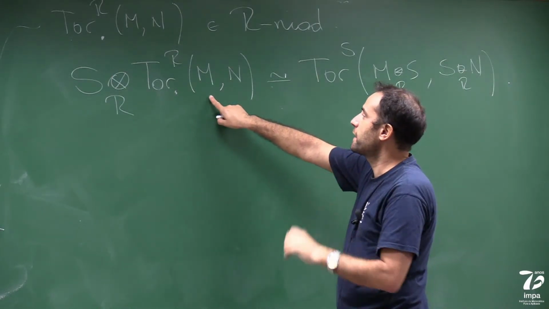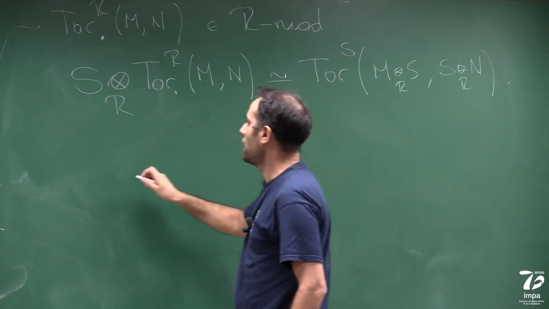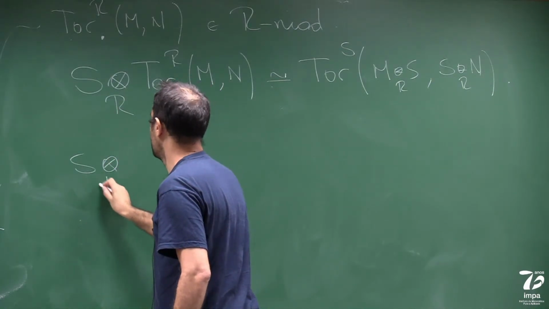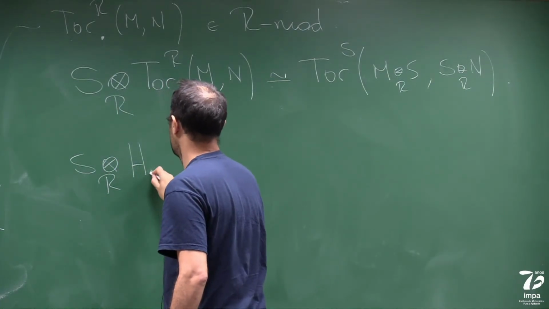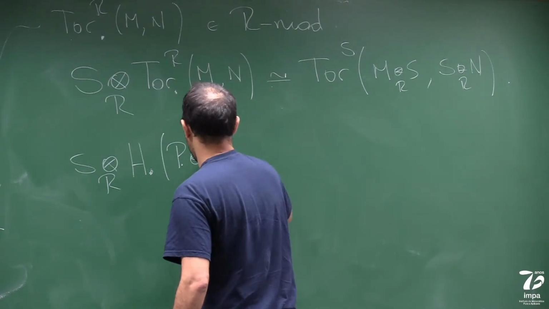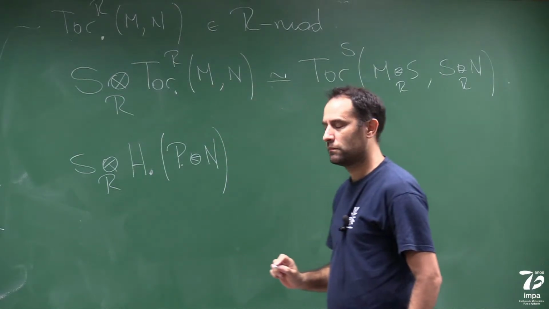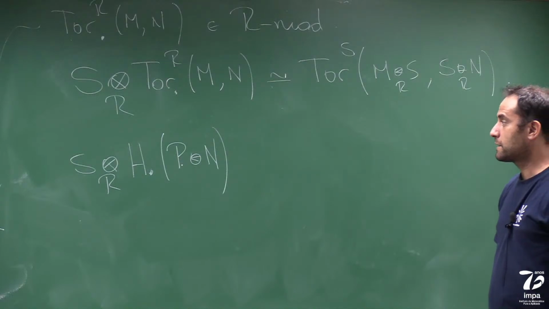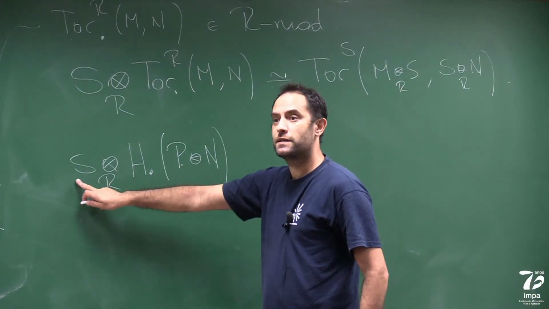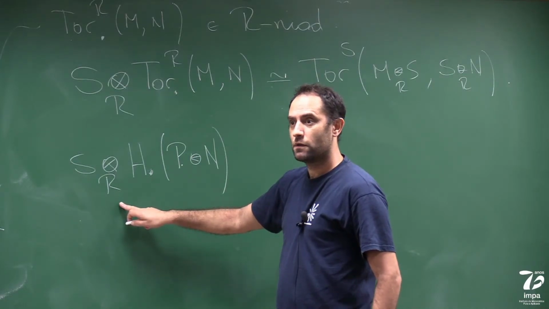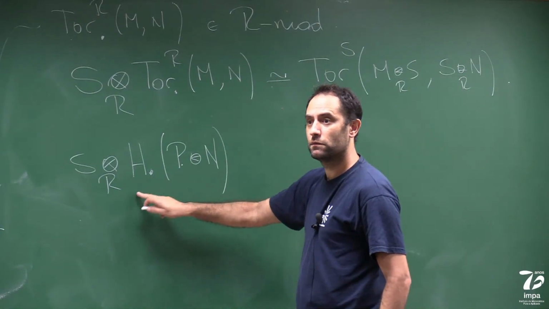Again, I take a projective resolution of M, and this thing is computed as S tensor the homology of P tensor N. But tensoring by S is exact as an R module, so it commutes with homology.